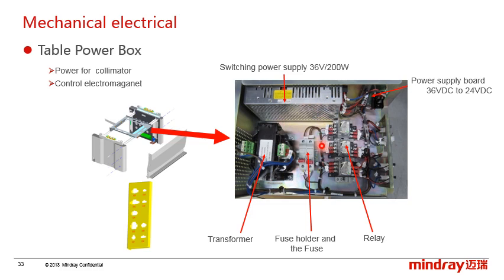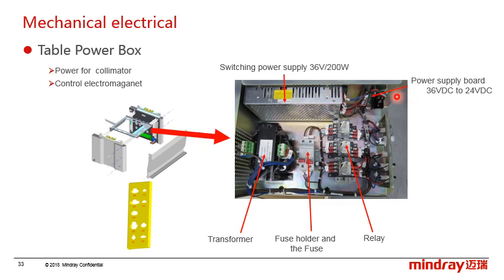Inside the table power box, you can see the switching power box, which transforms the 220 volt AC to 36 volt DC, supplied to the electric magnet.